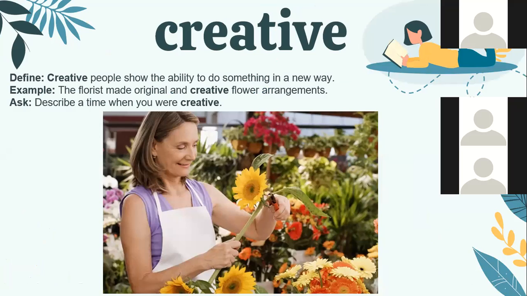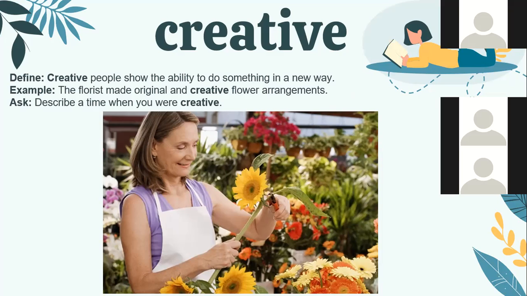Creative. Creative people show the ability to do something in a new way. Example: the florist made original and creative flower arrangements. So we say creative when you're doing something in a new way.